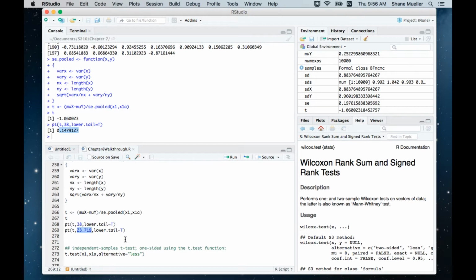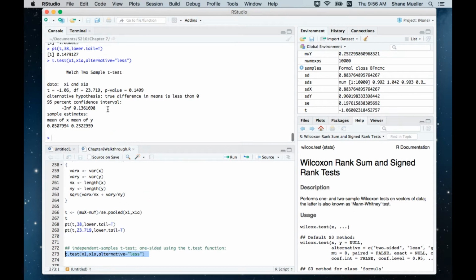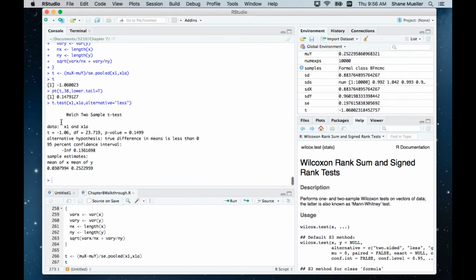With 38 degrees of freedom, this is the t-value, this is the p-value. It's not significant. So I should be able to get the same number here if I tell it a t-test with x1 and x1a, alternative equal to less. So here I can see my t-value is the same, but my degrees of freedom are a little different.